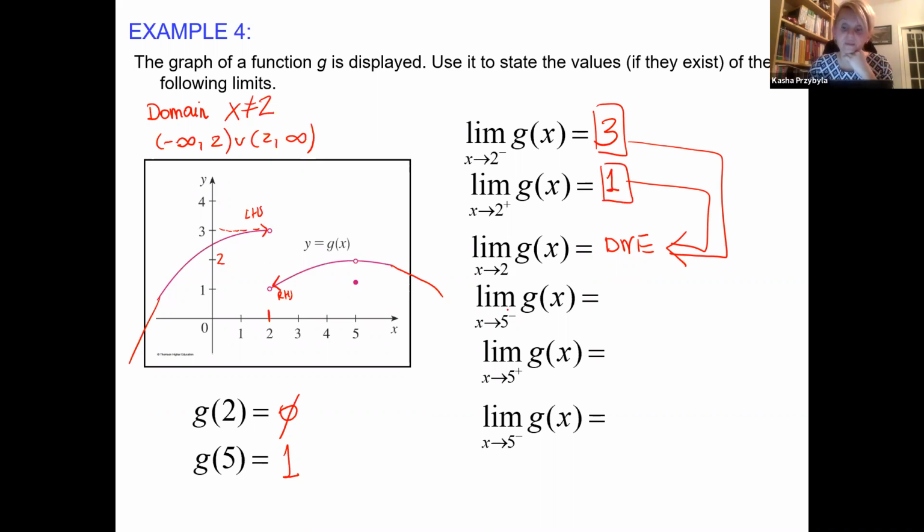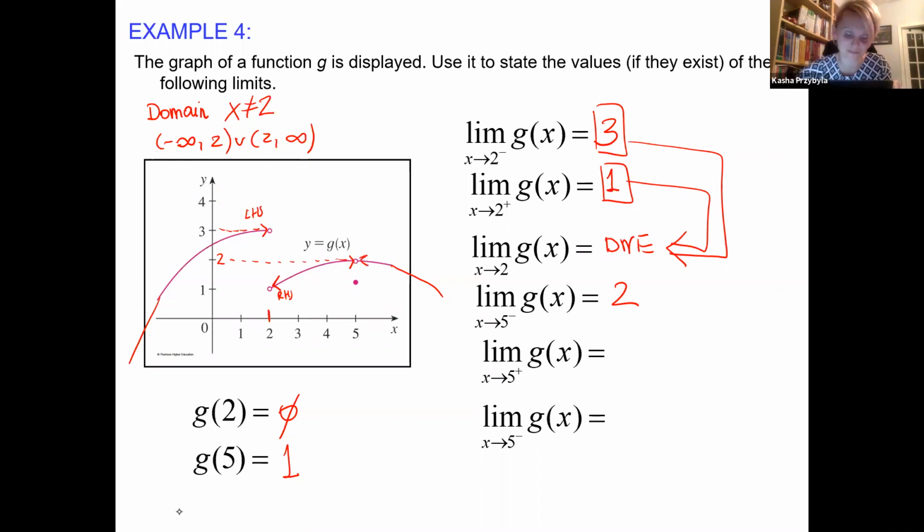Okay, 5. What is the limit of the function as x goes to 5 from the left-hand side? I think that dot is 2. And what about the right-hand side? It's actually 2. It's the same.